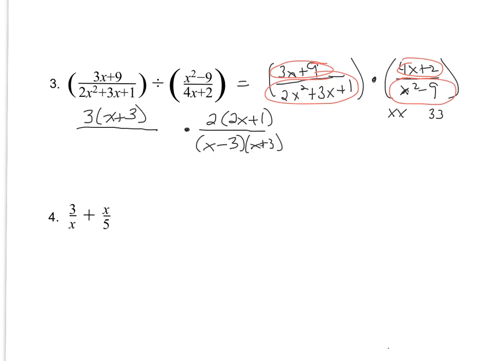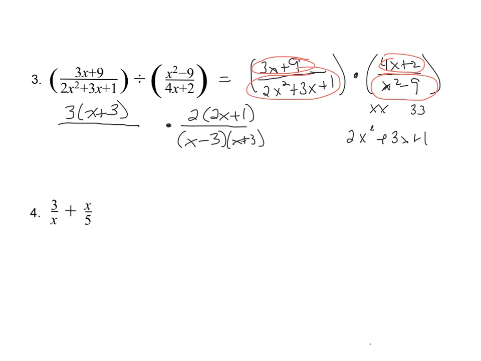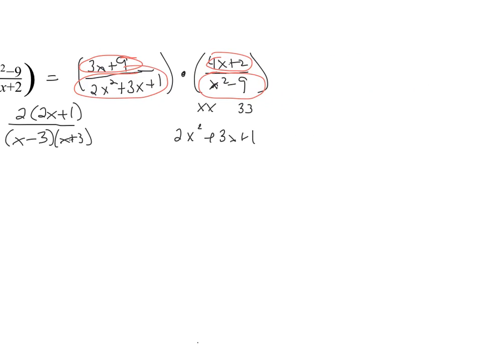I kind of left the 2x squared plus 3x plus 1 to the end because this is the hardest one. The way we factored that earlier this year, we used box factoring. So we'll write this here and see how we could factor it. If you recall, we would typically write a rectangle for this.